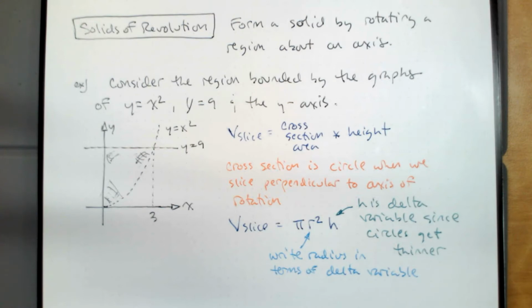Last week we had a delta y. So we had to write the radius in terms of y. Then this becomes a definite integral when we evaluate this expression at all the values of y.